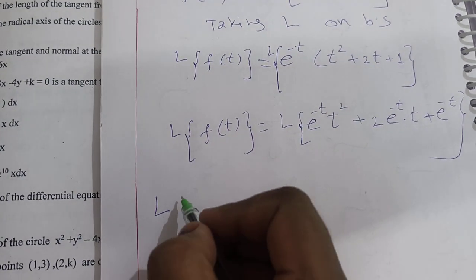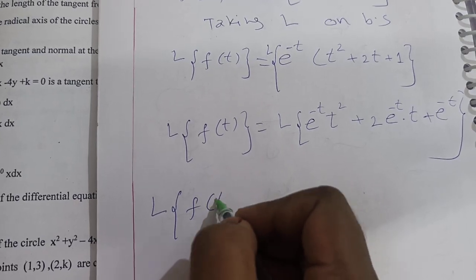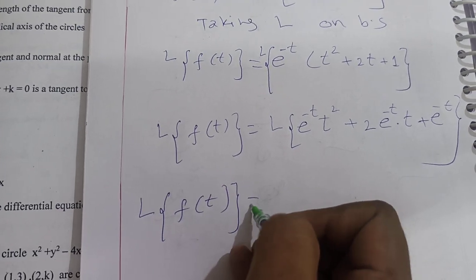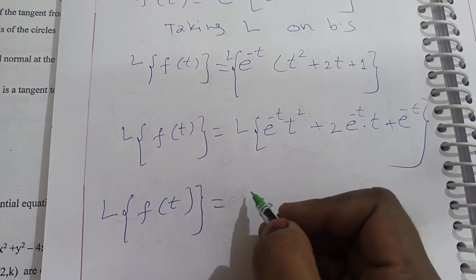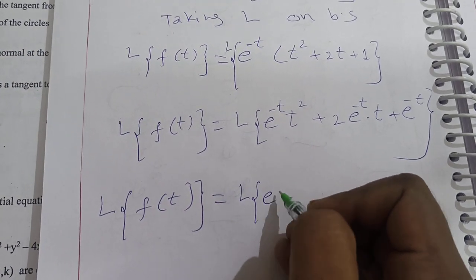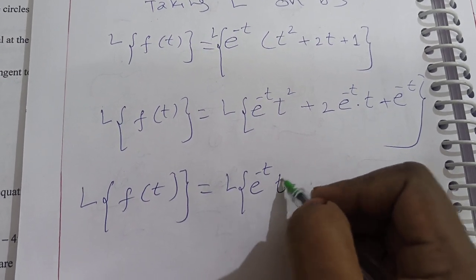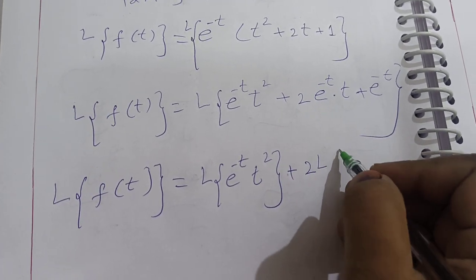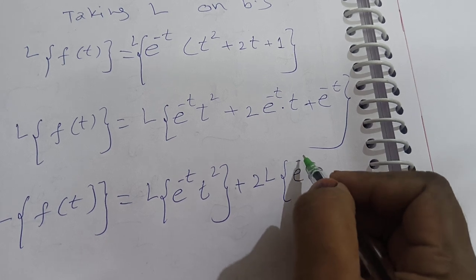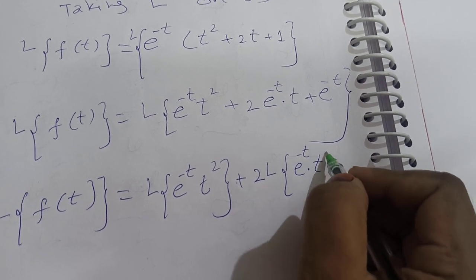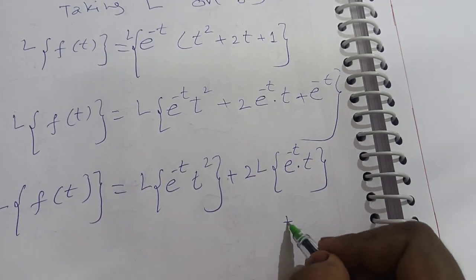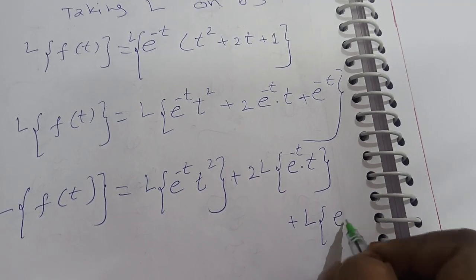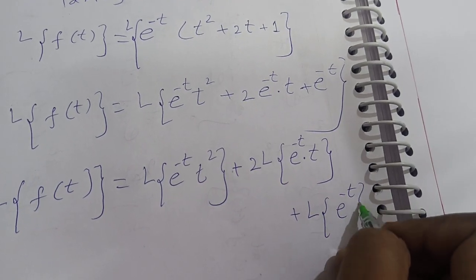Now we get L of f of t is equal to L of e to the power of minus t into t square plus 2 into L of e to the power of minus t into t, last term, plus L of e to the power of minus t.